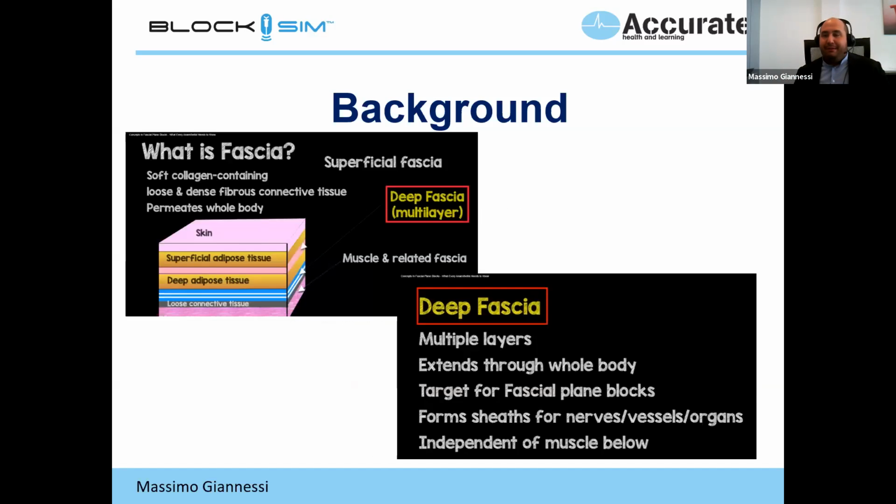What is fascia? A little bit of anatomy for me and for you. Fascia is the layers between muscles, and it is loose and dense fibrous connective tissue. And the most important thing is that it extends through the whole body. That's why interfascial plane blocks are getting more and more success, because you can reach regions that you cannot reach in other ways.